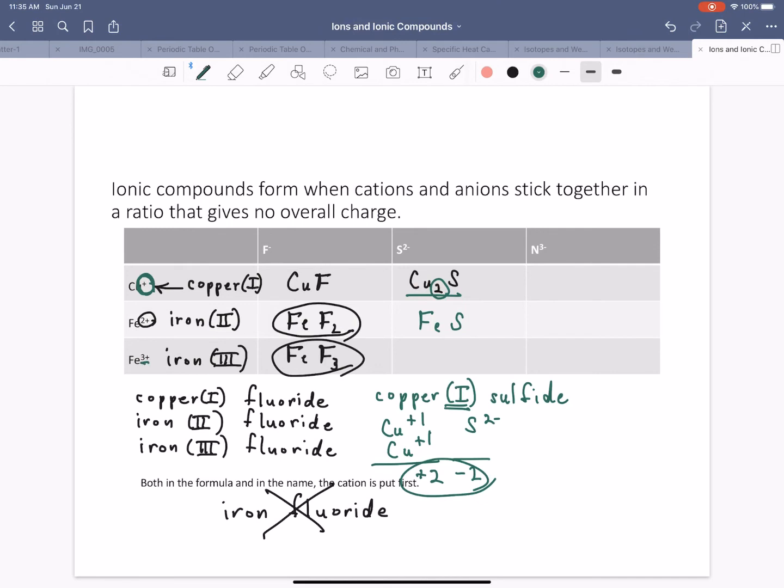For iron 3 sulfide, we're going to need to shoot for the lowest common multiple, which is 6. So I'm going to need 2 iron 3s and 3 sulfides to make a compound. 1, 2, 1, 2, 3.